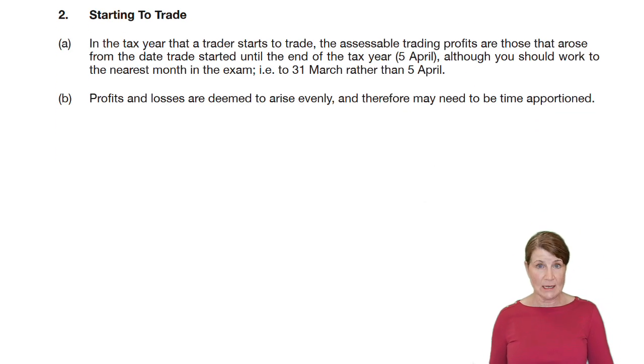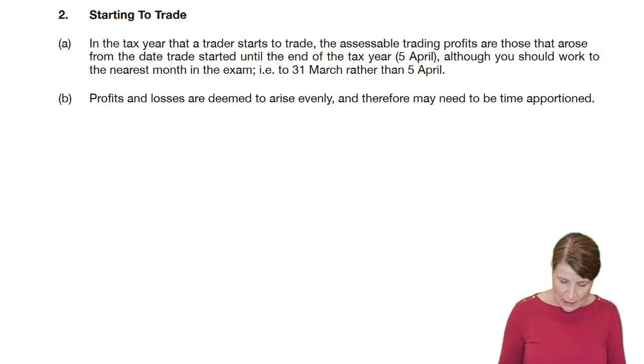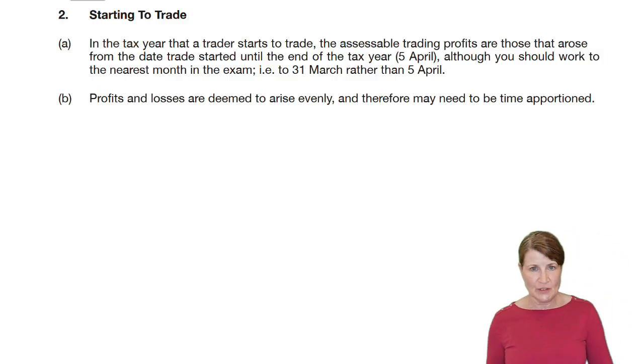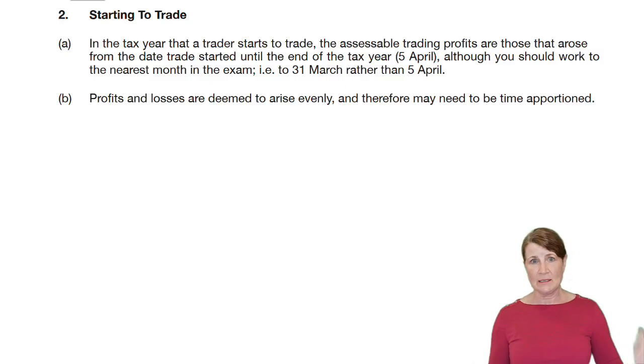So when we start to trade, then what we're going to take to our income tax computation in that first tax year of trading is the profits that have arisen from the date that we started to trade up until the end of the tax year, up until the 5th of April. Now, in an exam, we work to the nearest month. So really, we take from the date of commencement of trade up until the 31st of March. Once again, you ignore those first few days in April.